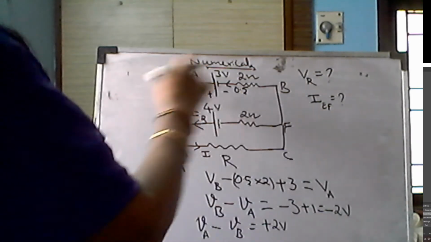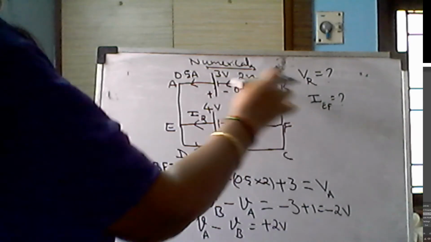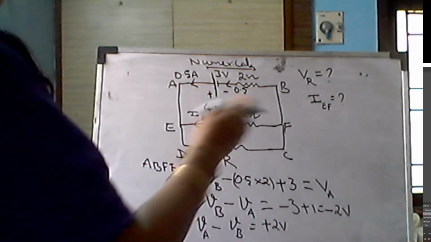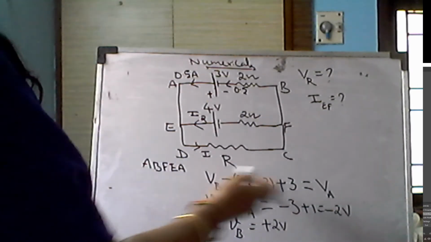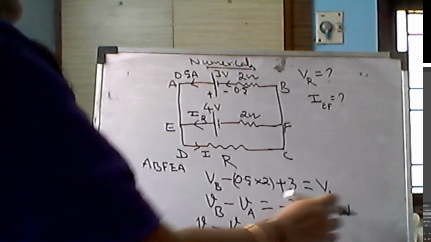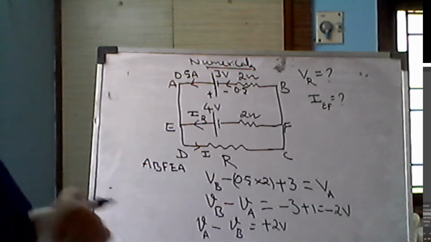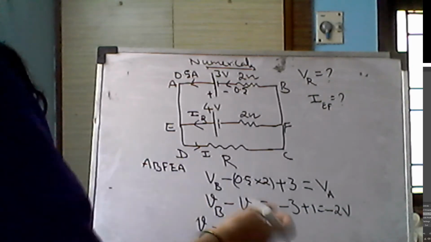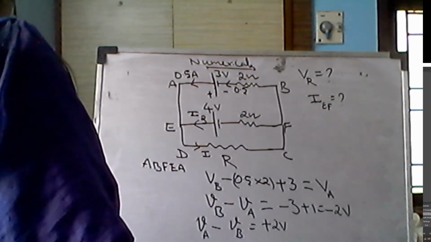So VA equal to VB, current into resistance, minus, or it will become VB minus VA. When it is coming like that, you are getting minus 2 volt as the answer. Otherwise VB minus VA is coming like that, or VA minus VB is plus 2 volt.